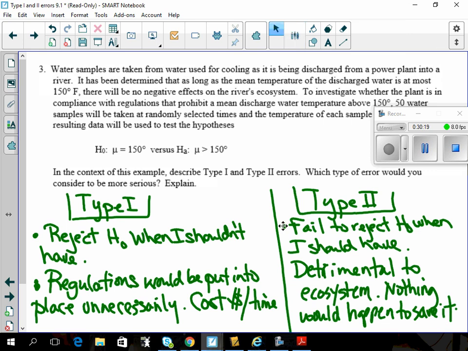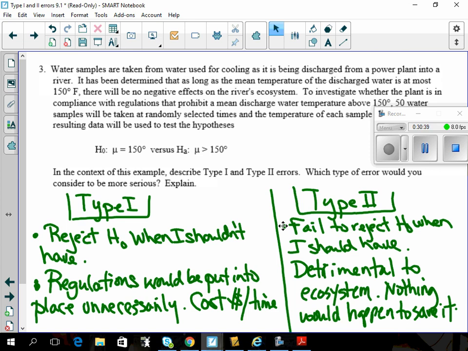Which one do you think is more serious in this case? Type 2, I would say, if you are an environmental champion, then I would definitely say type 2. If you just care about money and making bucks, then type 1 probably is okay. Would you agree?